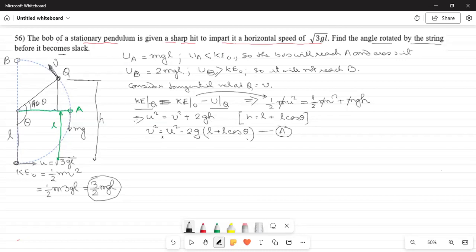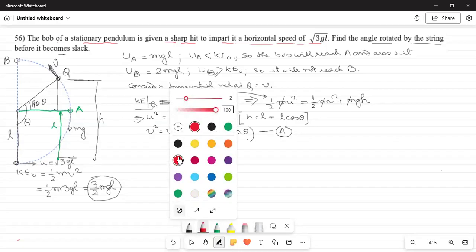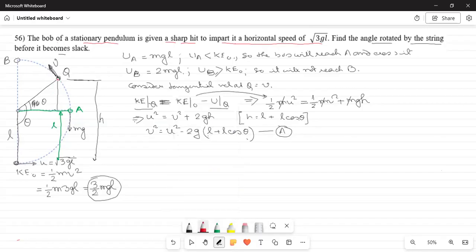One is equating the energy, another is equating the forces. So this is the position of the bob. I take this red mark, the force mg works in this direction.